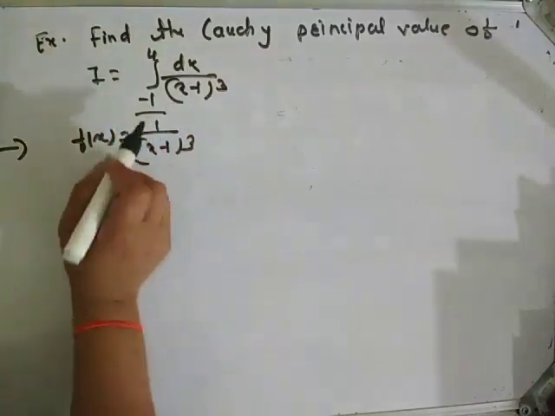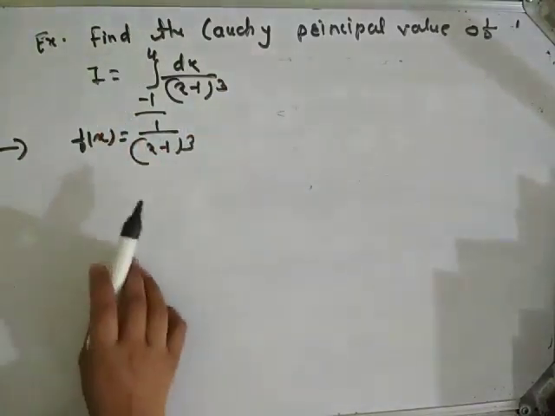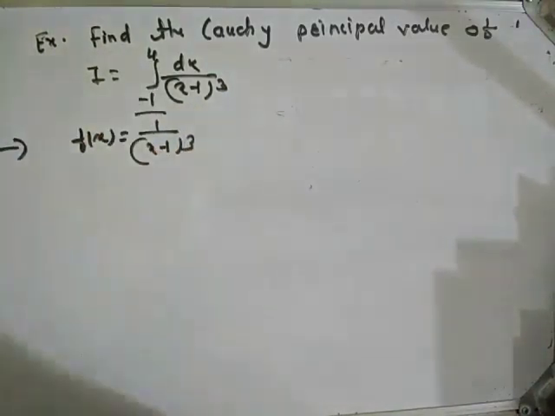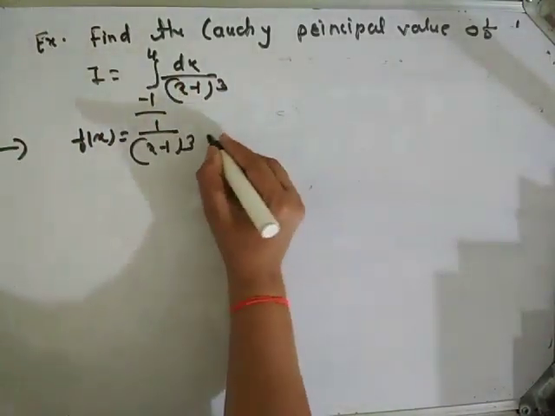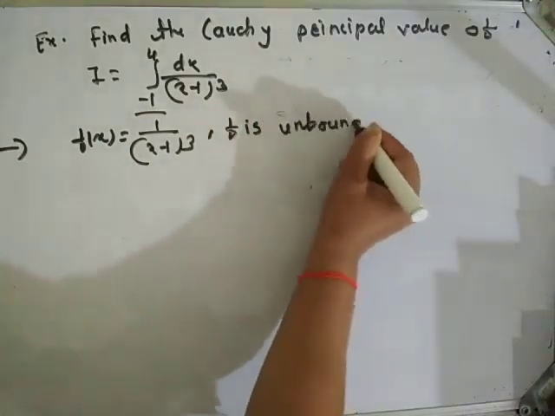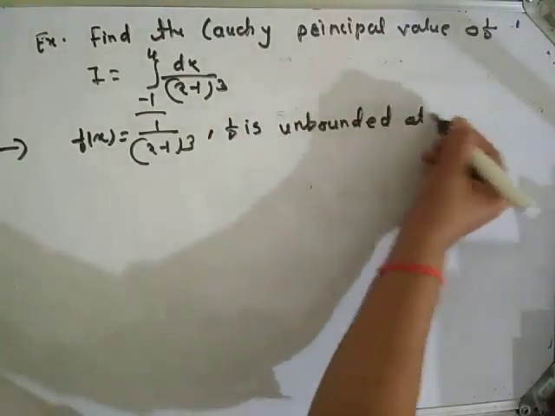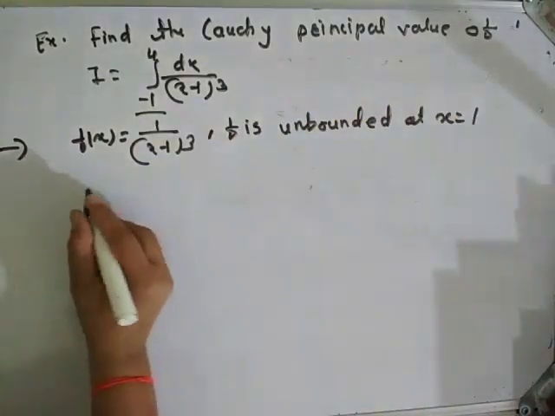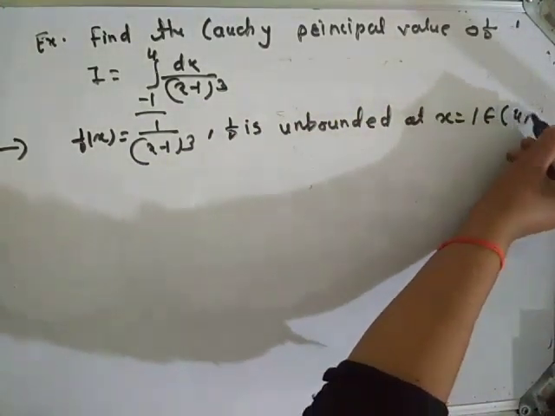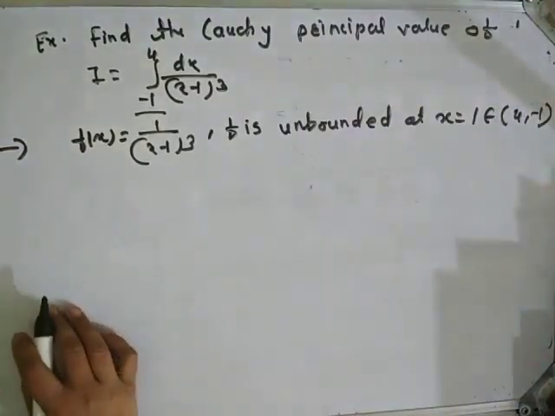This interval is from minus 1 to 4, and f is unbounded at 1. So this 1 belongs to this interval. f is unbounded at x equals 1, and 1 belongs to open interval minus 1 comma 4.